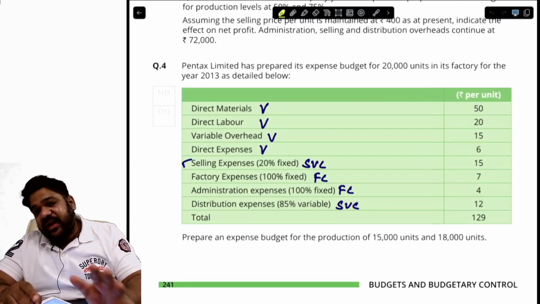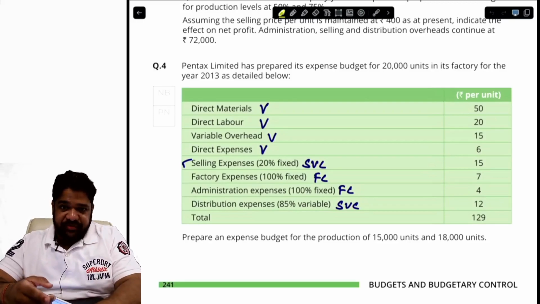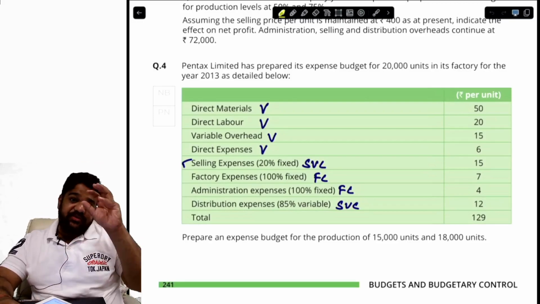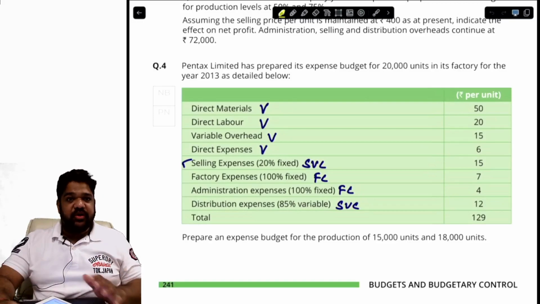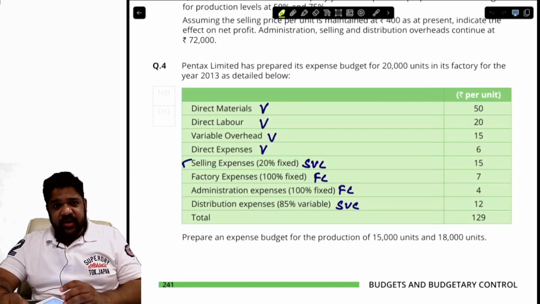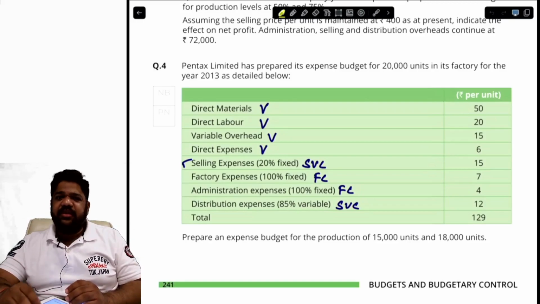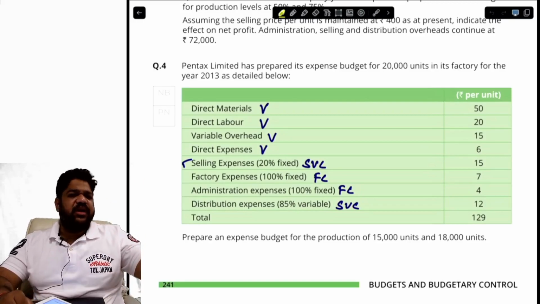All direct costs are always and always going to be variable. Keep that in mind. On that basis, we decide whether a cost is fixed or variable or semi-variable. Once you've decided that, the only thing that you have to do is multiply with the number of units.